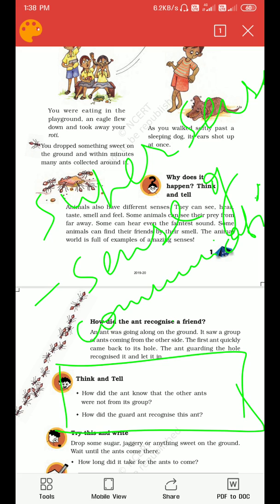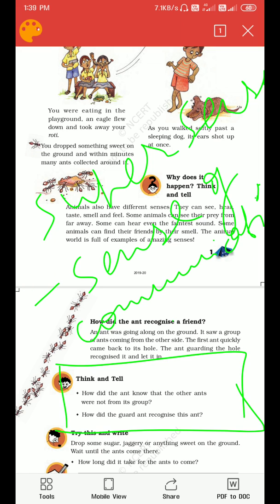Okay, sense of communication. So when an ant moves in a line, it always secretes some special chemicals, and with the help of these chemicals, the ant which is following the next one smells these chemicals and moves forward in the same line, in the same direction.